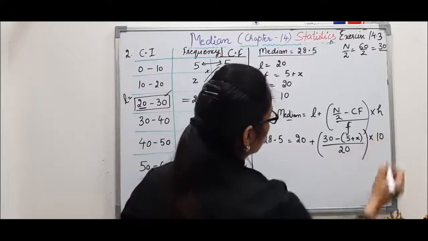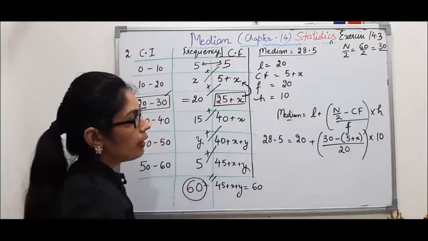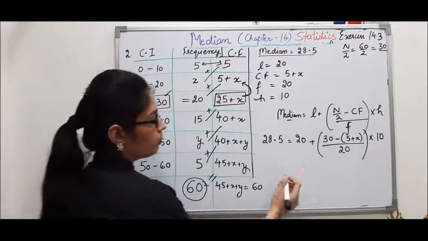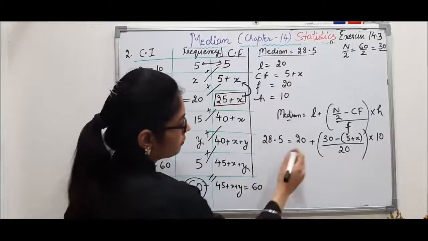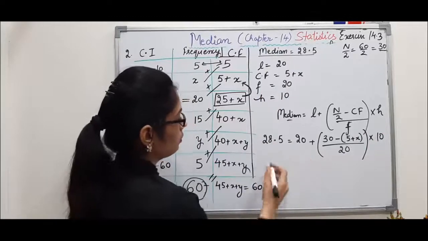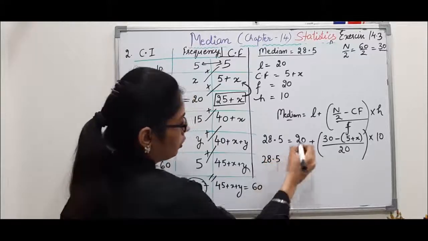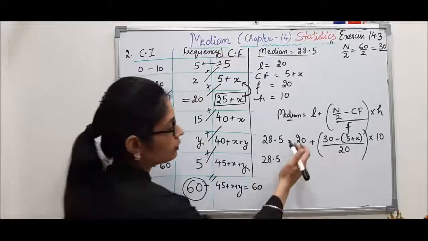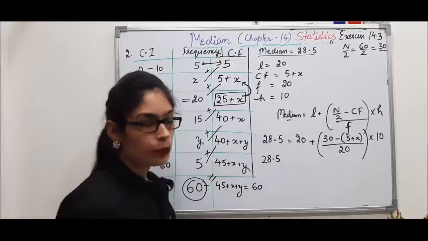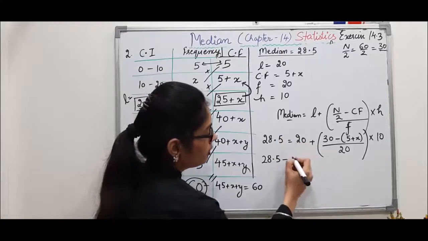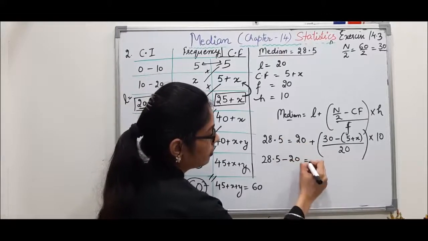H is 10. See, here I have written all the values, I am just substituting in the formula. So this 20 we can shift to this side because it is getting added. On changing the side, this positive 20 will be changed to minus 20.